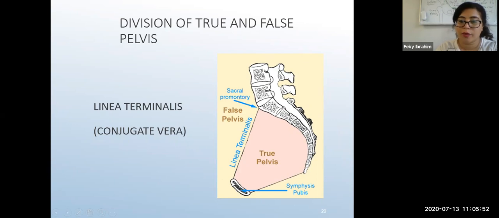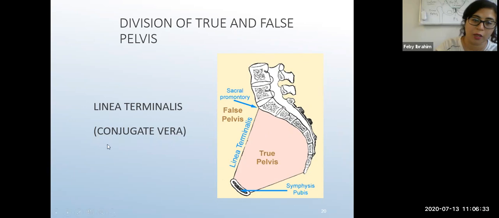And this is the pubic symphysis, or symphysis pubis. Whatever is below this line will be the true pelvis. All the female reproductive organs will be within the true pelvis. Whatever is above this line will be the false pelvis. And this line is called the linea terminalis or iliopectineal line.